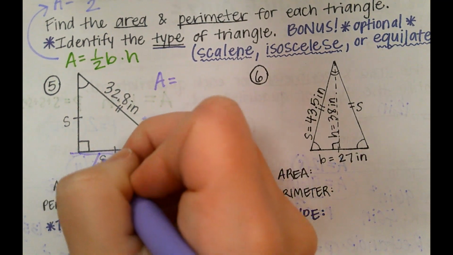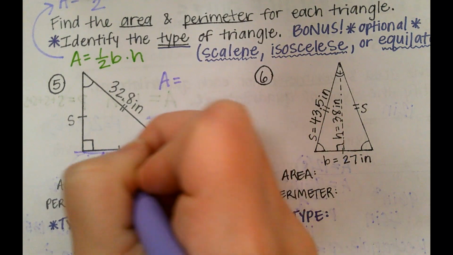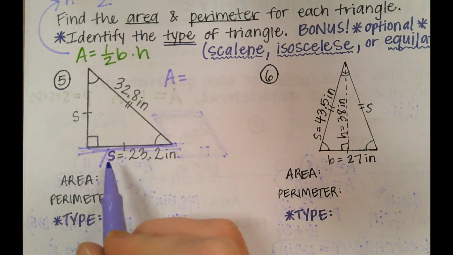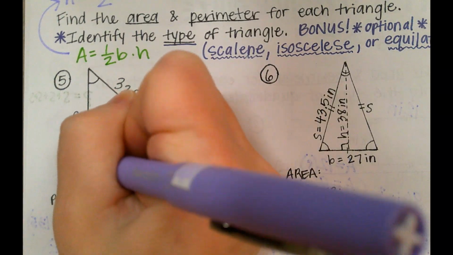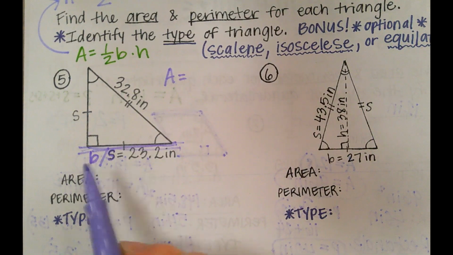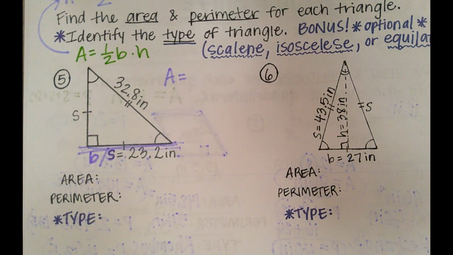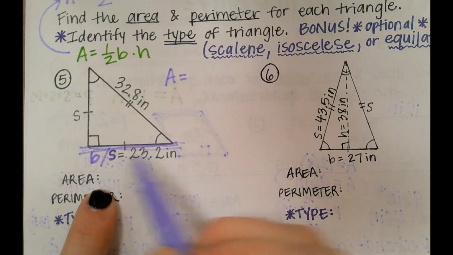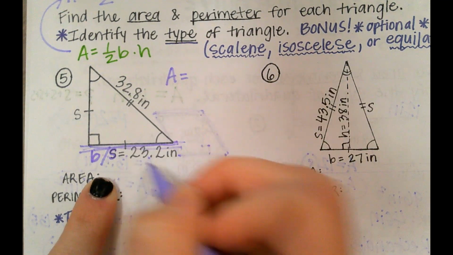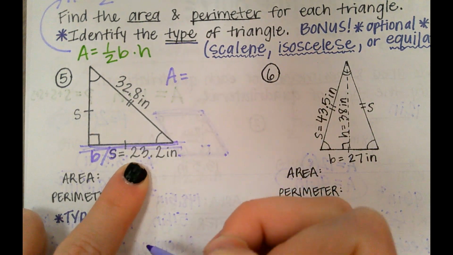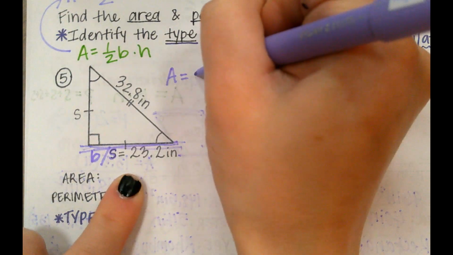So I know I labeled that S, which may have made that a bit more confusing than it needed to be. It's a side, but it's also the base. Base is always on the bottom. So we are going to use the base, which is 23.2 inches.